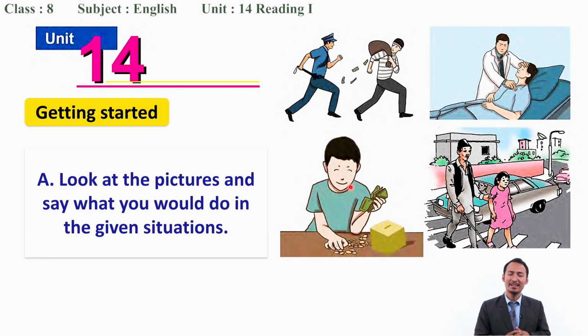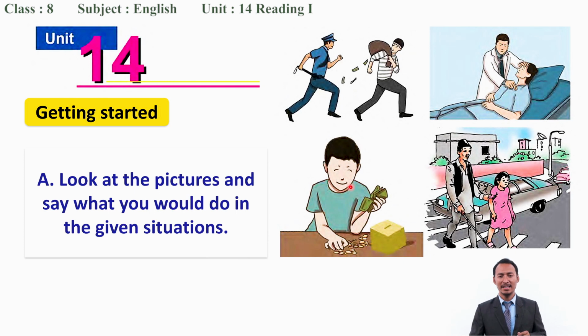In your khutruke, you have a collection of money. Then what would you do? Yes, you can say, I would buy some notebooks, I would buy some play materials or dolls or anything you like, or sweets.